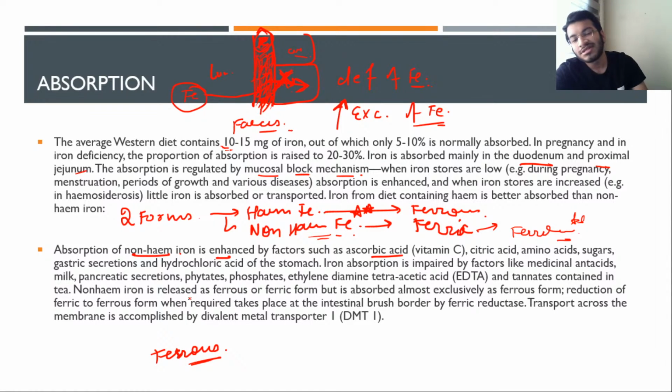Then iron absorption is impaired by factors like medicinal antacids, milk, tea, pancreatic secretions, phytates, phosphates, ethylene diamine tetraacetic acid or EDTA, and tannates.